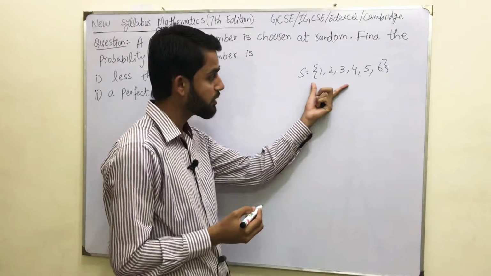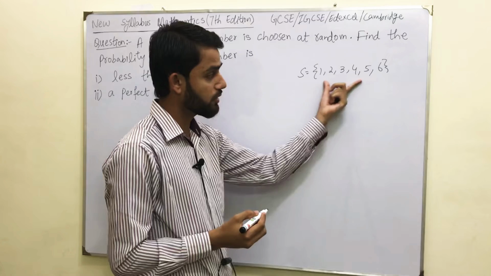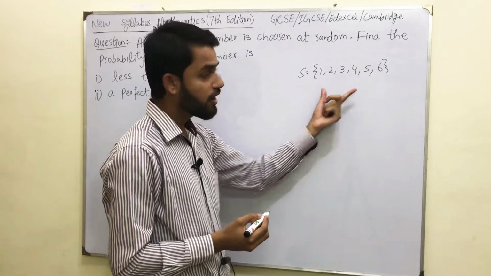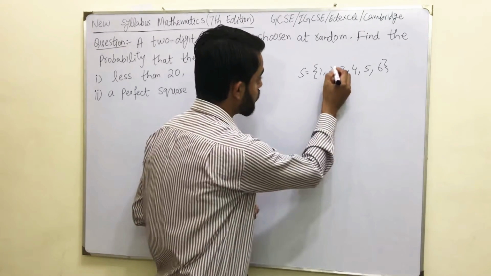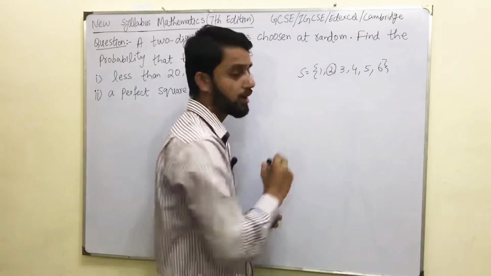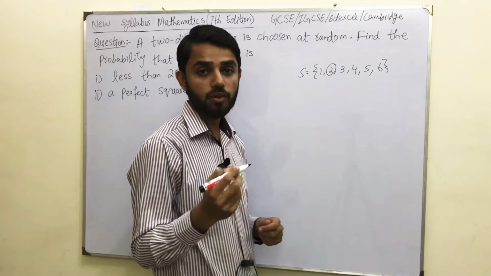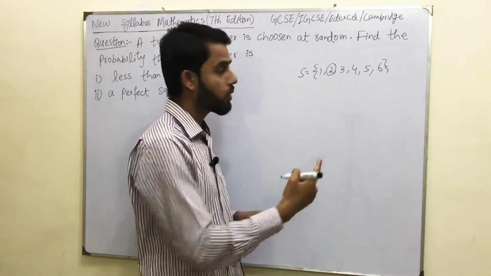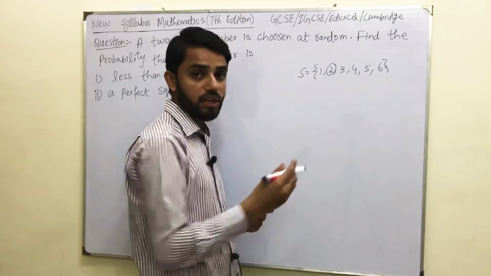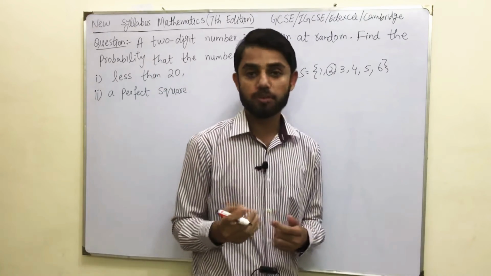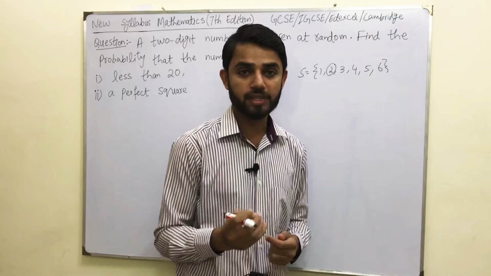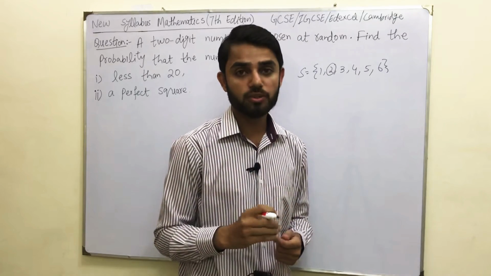Why sample space? Because these are the total numbers that we have on a dice. So what is the probability that you are going to get a number 2? It would be 1 over 6. Why 1? Because 2 is coming once.